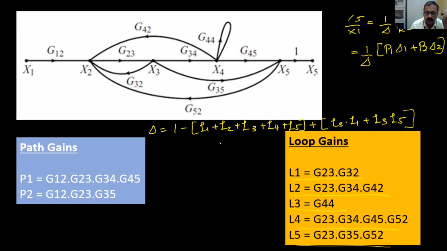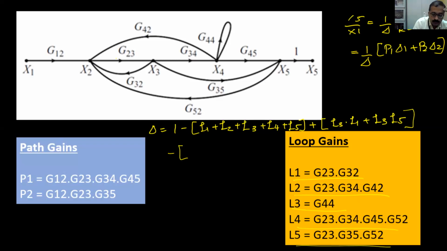So 1 minus the sum of all loop gains plus the sum of gain products of all possible combinations of two non-touching loops. Then what next? Minus the sum of gain products of all possible combinations of three non-touching loops. Do we have three non-touching loops here?